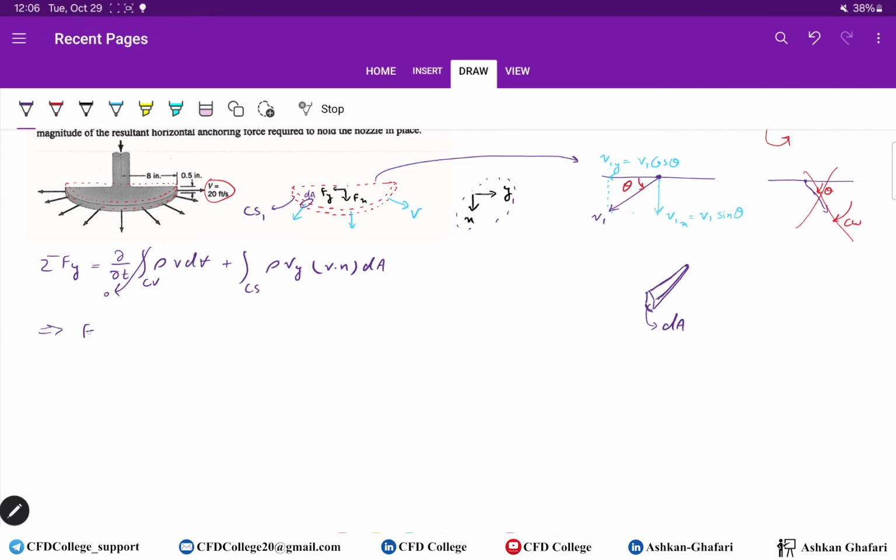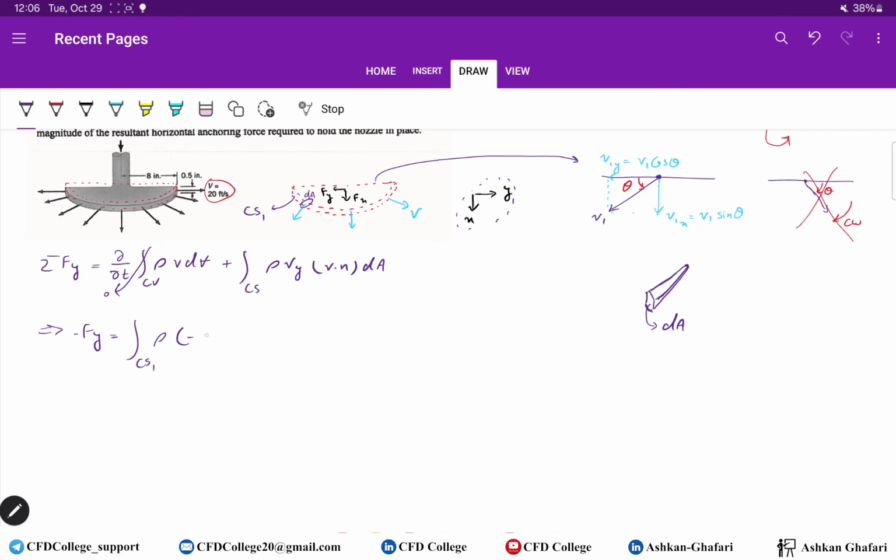So minus Fy equals integral over CS1 rho Vy, this is y direction, and you have to be careful, since v1 cosine of theta is negative, since it's towards left, and y direction is towards right.